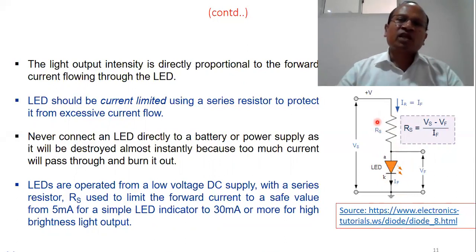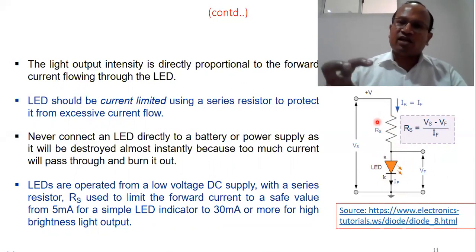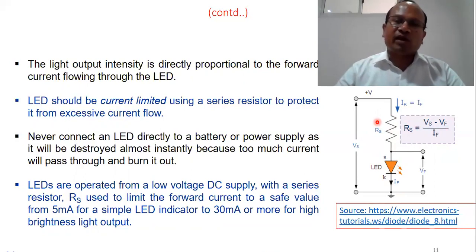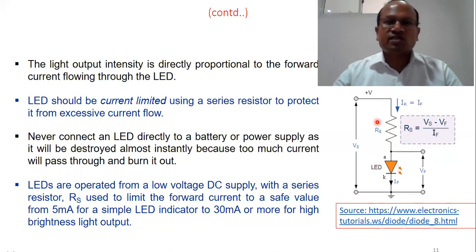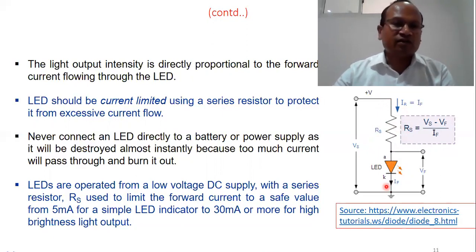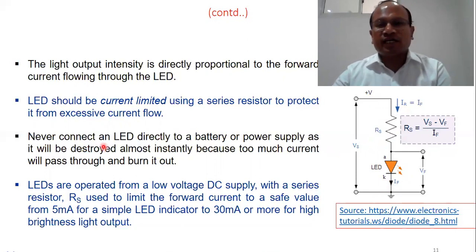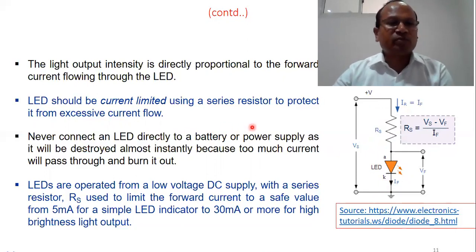So the current flowing through the LED can be limited using the series resistor, and therefore this resistance is used to protect from excessive current flow. Because if excessive current enters the LED, what will happen? The LED may even burn due to large current. So never connect an LED directly to the battery or power supply.